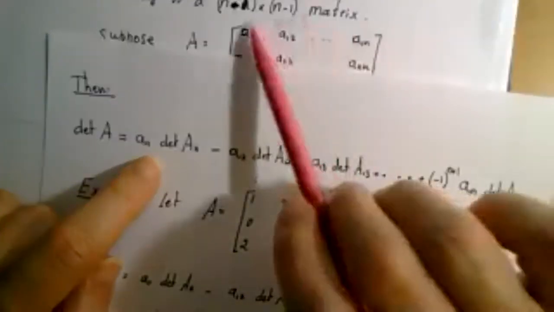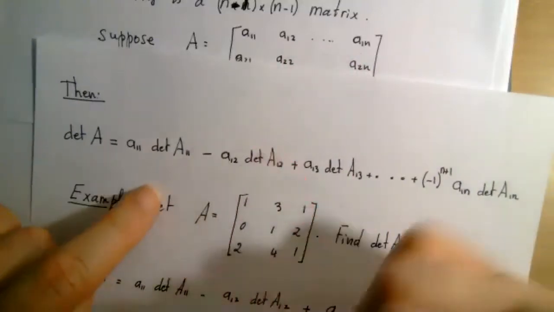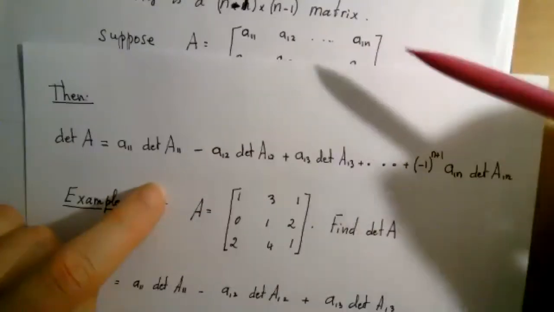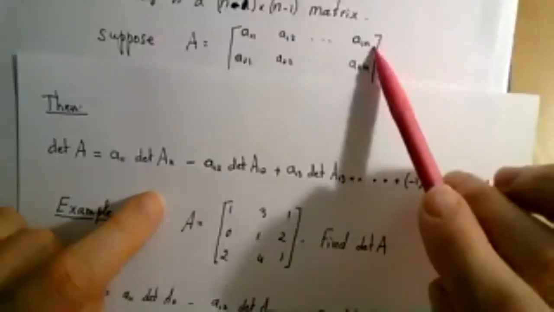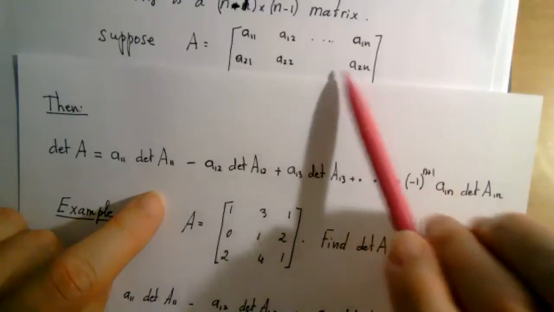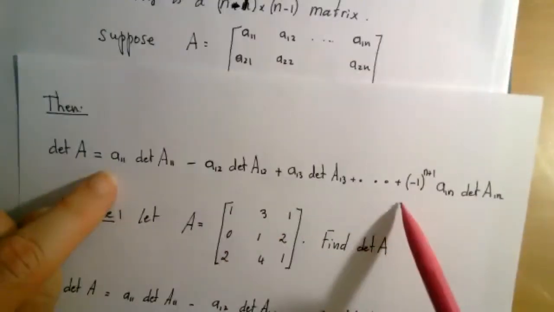So you use the first row to compute the determinant. The theorem that we're going to talk about now tells you that you don't necessarily have to work with the first row. You can work with the second row. There is only a problem with the sign, how the sign alternates.